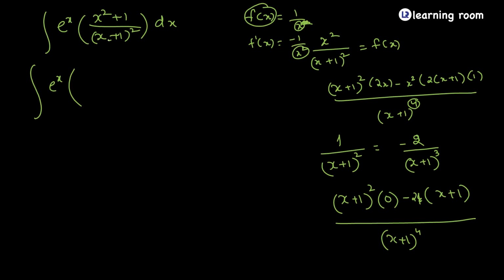It should be x plus 1, right? So observe, can I write it like this? X square, this plus 1 is there, no? So to this plus 1, I will subtract a 1 and add a 1.